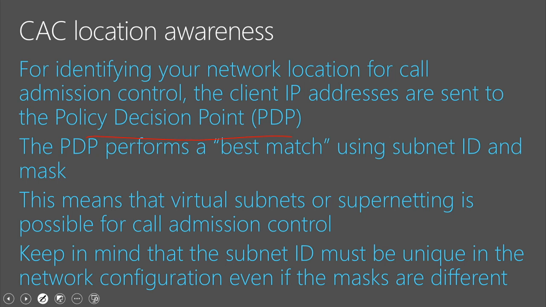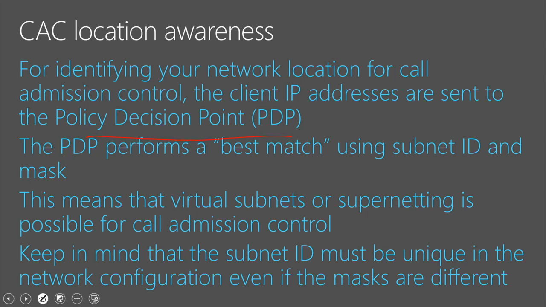So here's a case where I know just the IP address, and Skype for Business can look in the network configuration and find the subnet that is the best match, basically the one with the longest mask. Because we can define some overlapping subnets in Skype for Business, and we get to put a subnet mask length in, it'll find the one that fits most closely.